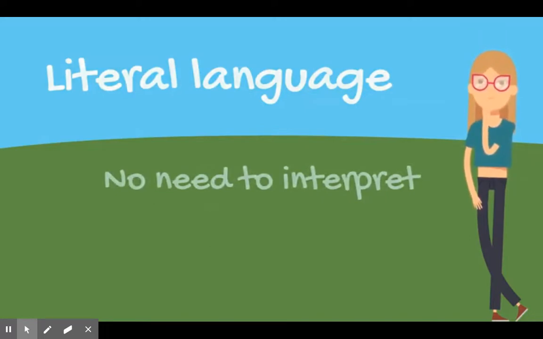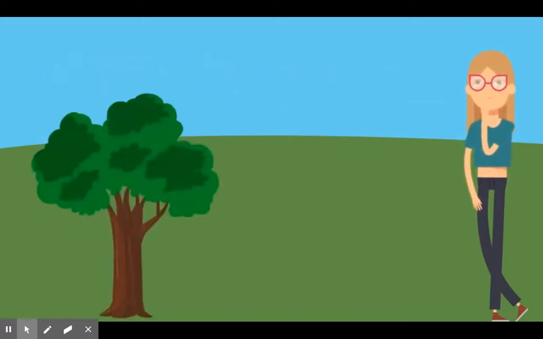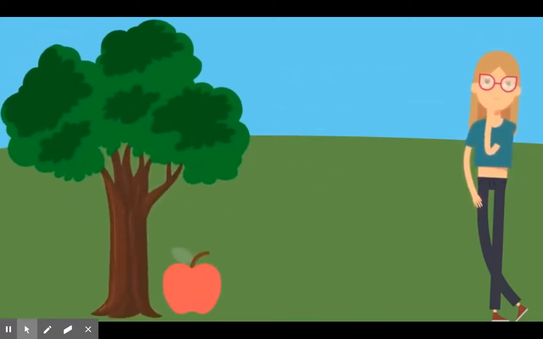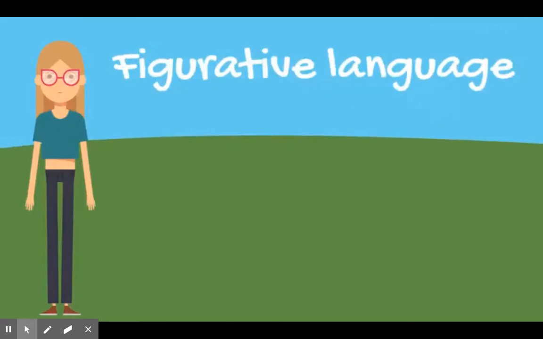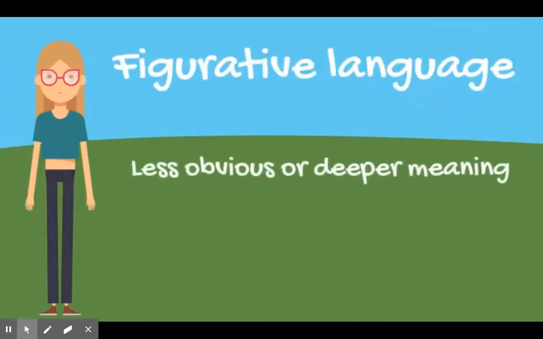No need to interpret. For example, the apple doesn't fall far from the tree. In this example, we are talking about an actual tree found in nature and an apple or fruit. Figurative language, on the other hand, refers to the less obvious or deeper meaning of a word or phrase, or its connotative meaning.